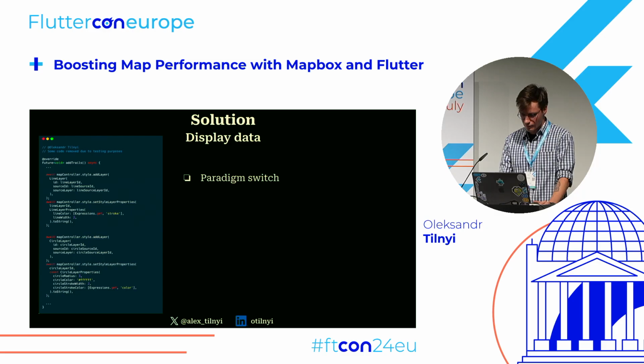As you can see there, we add a layer from a dedicated source, and after that we are just applying some style properties, which basically handles all the logic that was previously handled imperatively by us, changing every line one by one and applying styles independently.